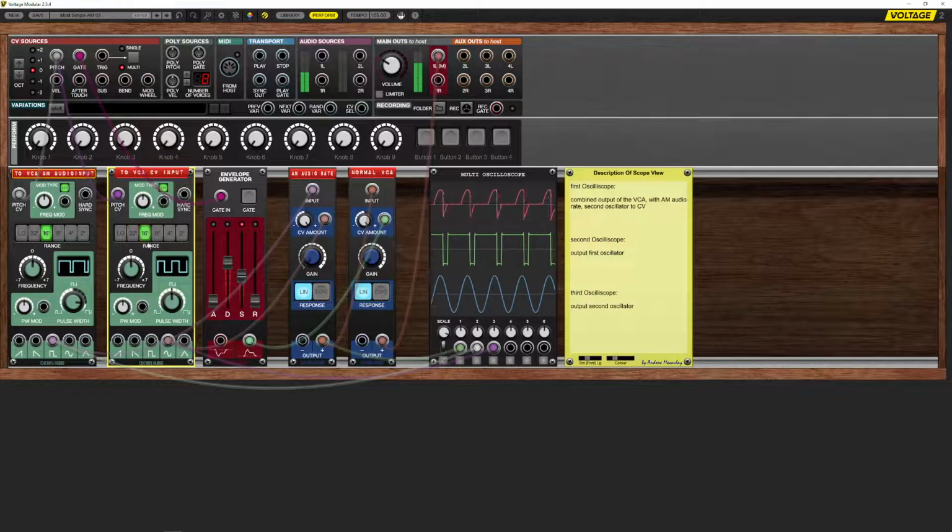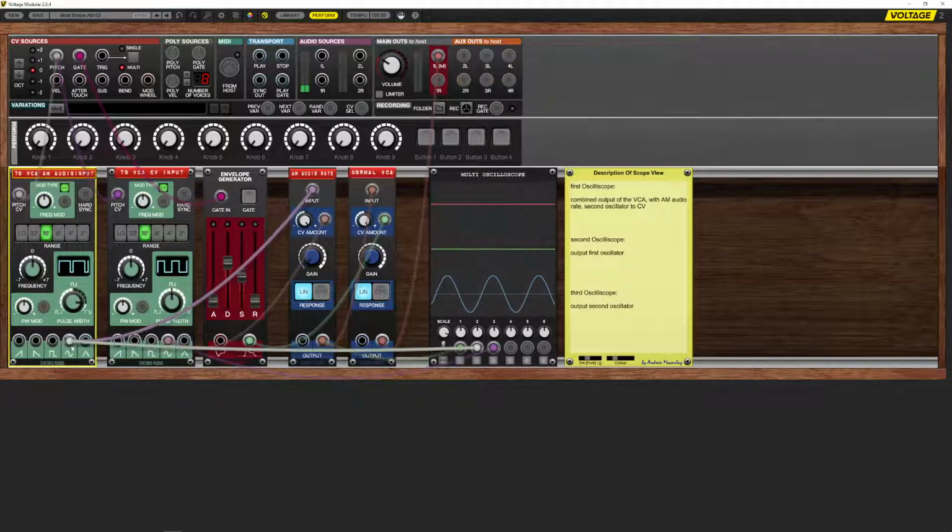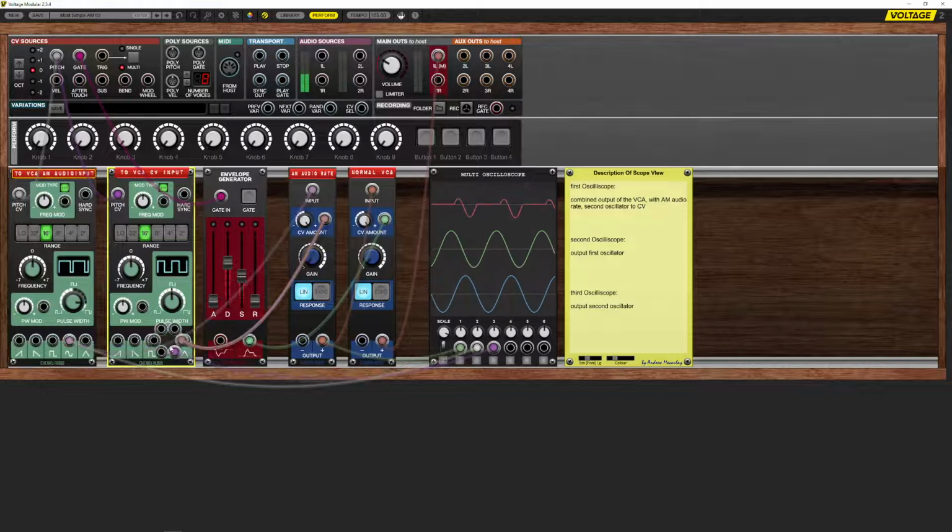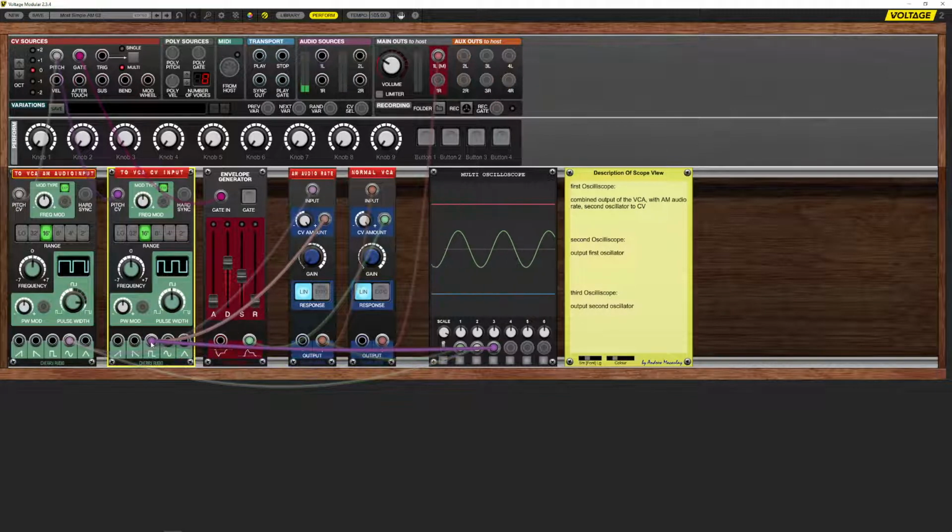The other way around, what happens? So pulse to sine, sine to pulse.